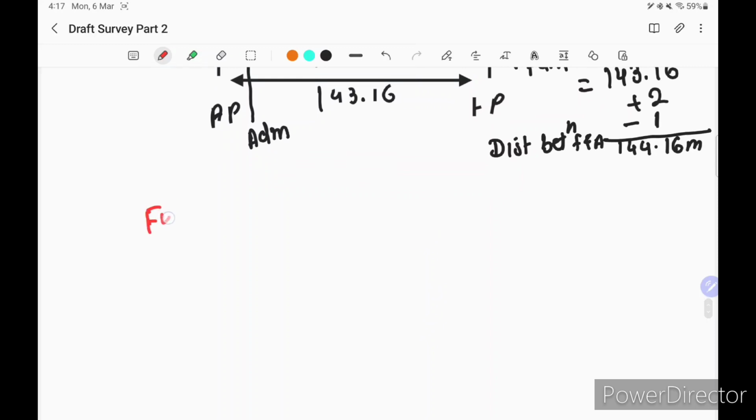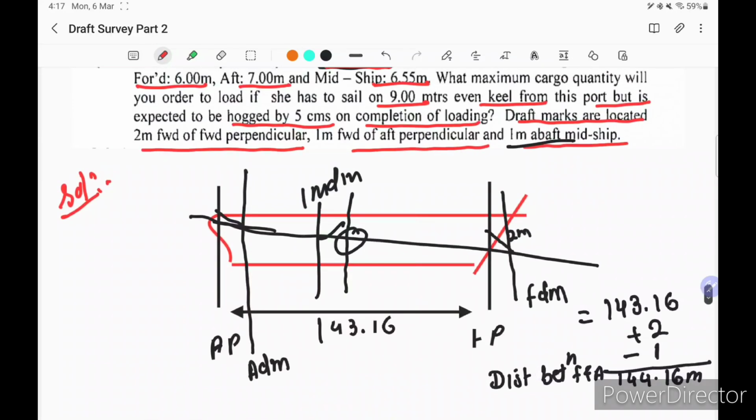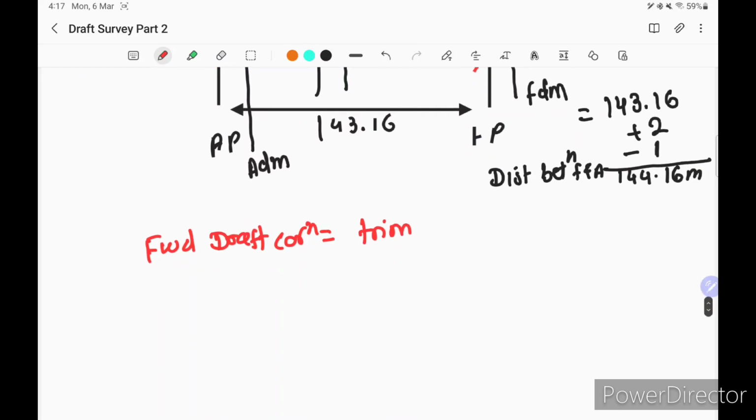Now we'll calculate the forward draft correction. So trim between the forward and aft draft marks, this is 6 meter and this is 7 meter in the question. So we have 1 meter trim.